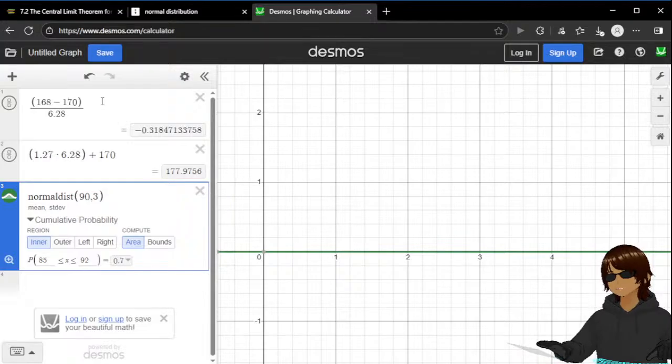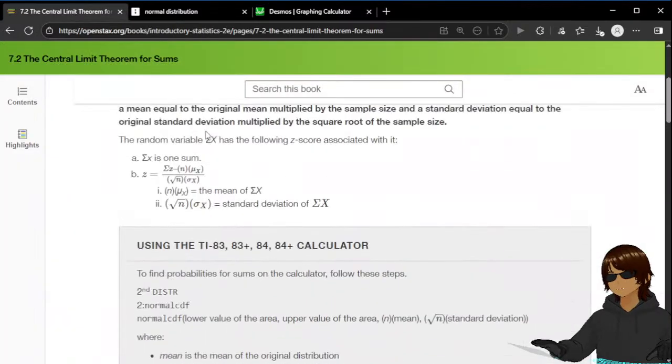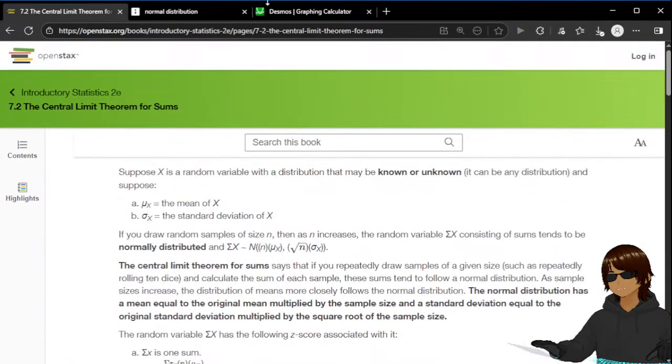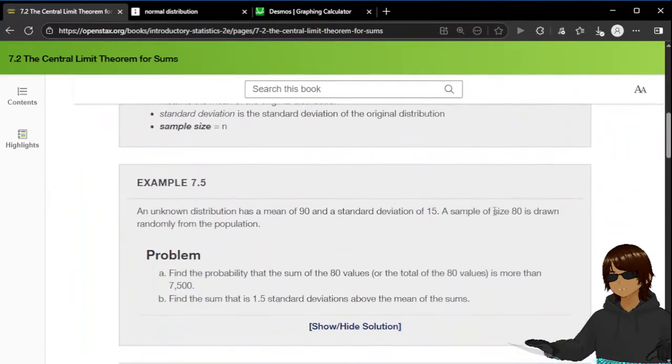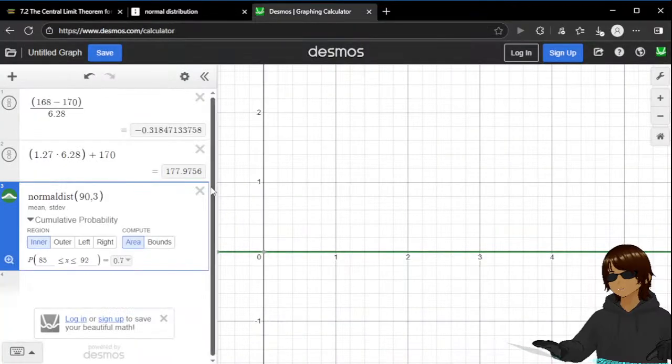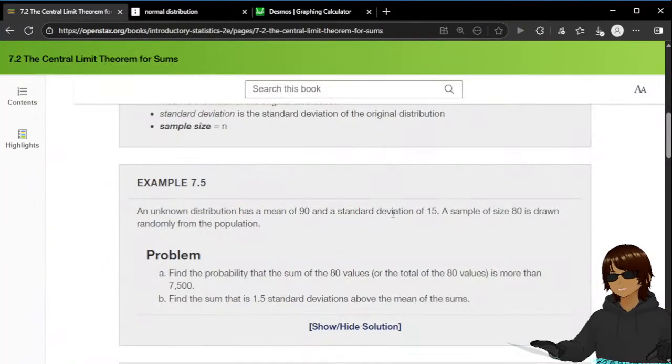So mean is 90, but we multiply it by n, 90 times 80. And then we have standard deviation of 15, so 15 times root 80.